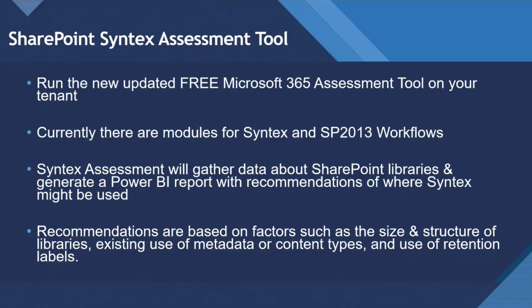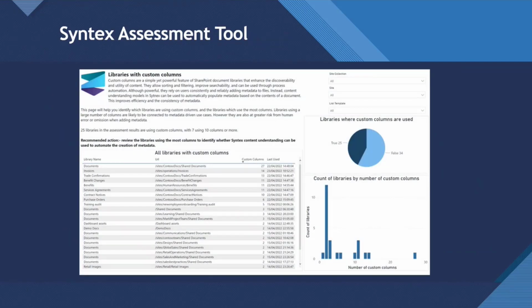If you want to get going with Microsoft Syntex, there is a free Microsoft 365 Syntex assessment tool. It's a really cool tool. It will assess all of your sites and libraries in your SharePoint environment and give you areas where Syntex could be of benefit.